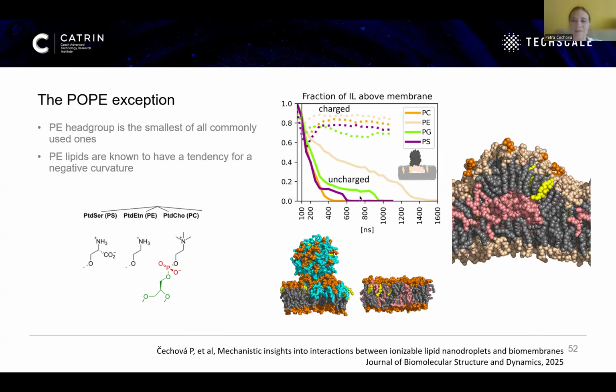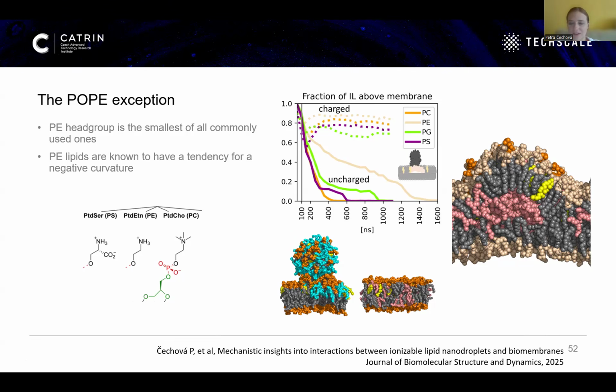is that it happened multiple times that in the 1 microsecond in which all of the other systems were already dissolved, there was still this droplet of ionizable lipids in the deprotonated form that stayed inside the bilayer of POPE lipid, and needed some extra couple hundred nanoseconds to dissolve completely in the bilayer.